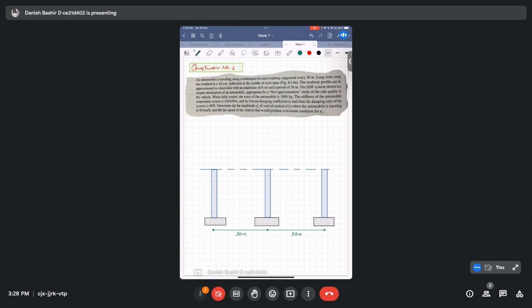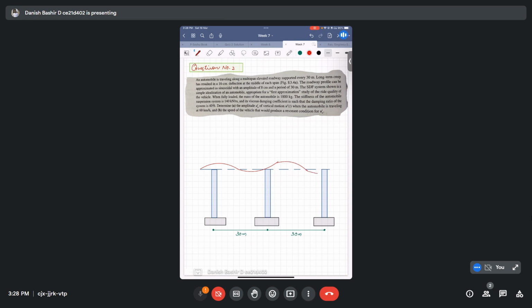Now the problem here is the roadway profile can be approximated as a sinusoidal with an amplitude of 8 centimeter and a period of 30 meter. So the roadway profile we can assume like this. It has a profile like this sinusoidal wave. It goes like this up to this point, and after that it changes the profile like this, and again here.